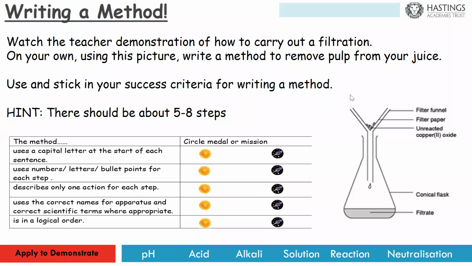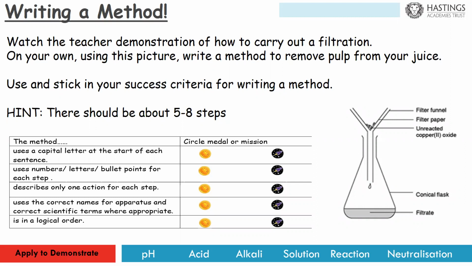Okay, so now that you have done that, let's go through your answers, what you should have on there. So as my step number one, I would have written, gather all the equipment necessary for the experiment. Step number two, fold filter paper into quarters.